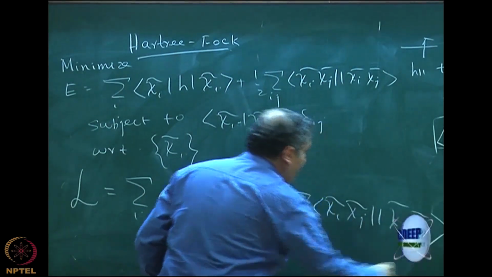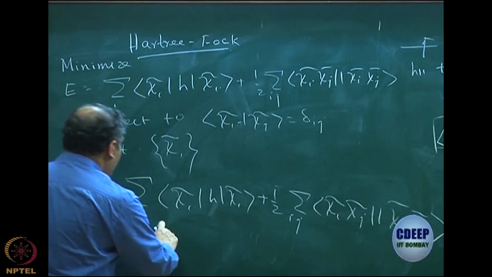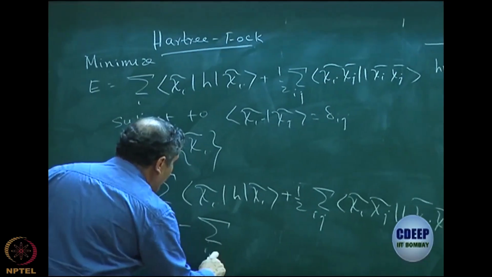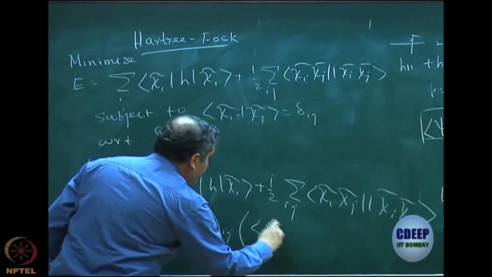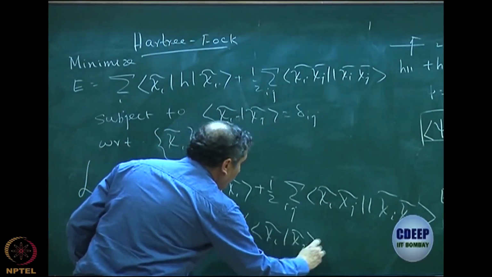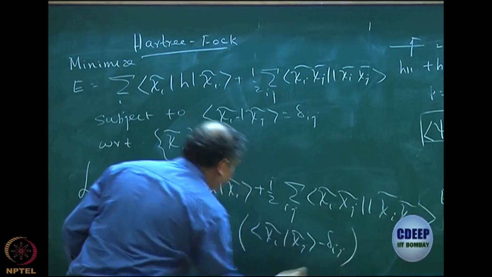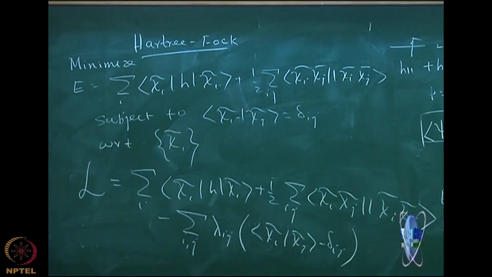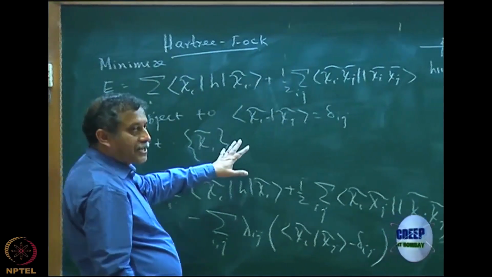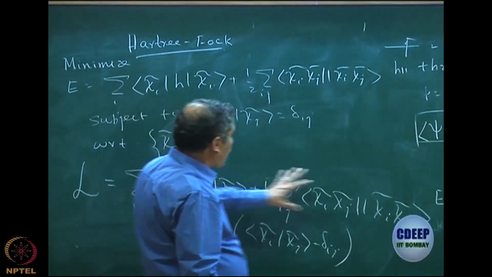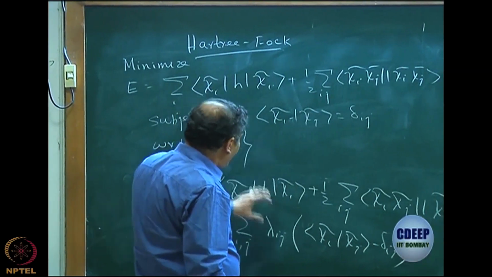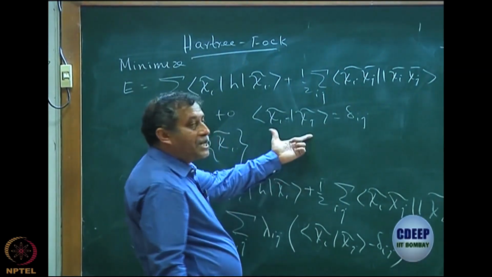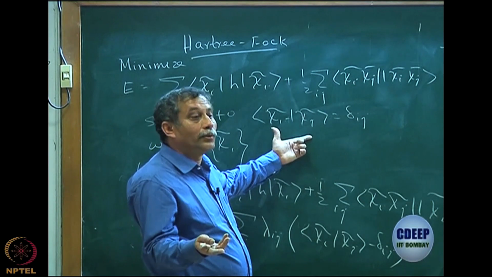Right now let me write it in a simple form, minus sum over Ij lambda Ij chi I tilde chi j tilde minus delta I j, correct? That becomes my Lagrangian. Remember, Lagrangians are always written as whatever is the function I am optimizing plus an undetermined multiplier times the condition such that the condition is equal to 0.